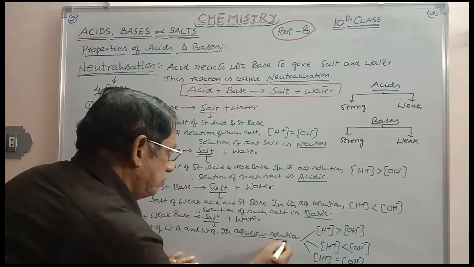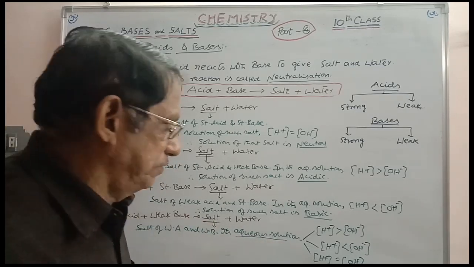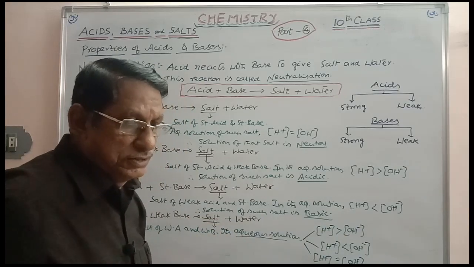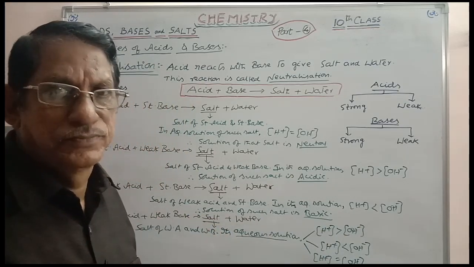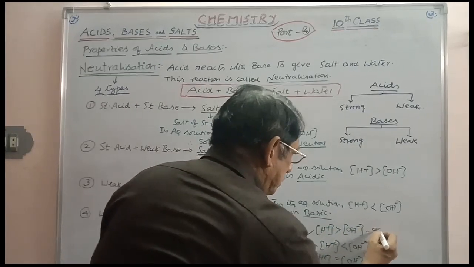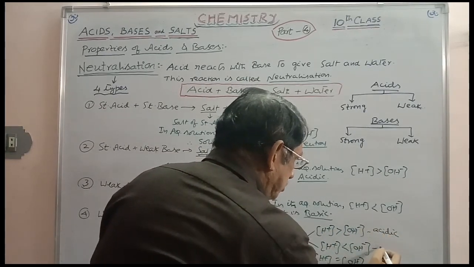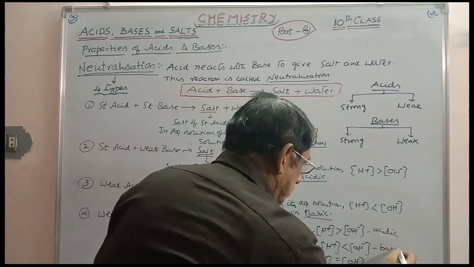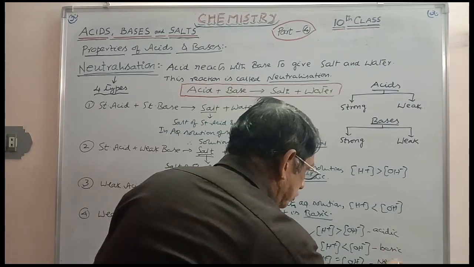In its aqueous solution, we cannot really say what is going to happen. These three conditions are applicable depending upon the conditions. Those conditions we will study later. If it is the first case, this becomes acidic. If it is the second case, the solution becomes basic. If it is the third case, the solution becomes neutral.